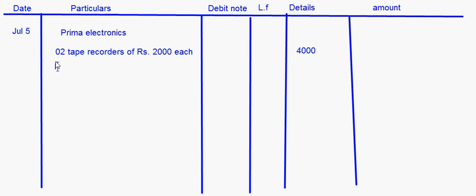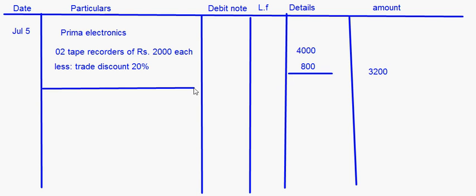Whatever is the trade discount given, that has to be deducted, so less trade discount 20%, right? So 4000 into 20% is 800 rupees, that will be deducted from here, 800, right? So here you will have 3200 as the amount, fine. So this is the first transaction, right?